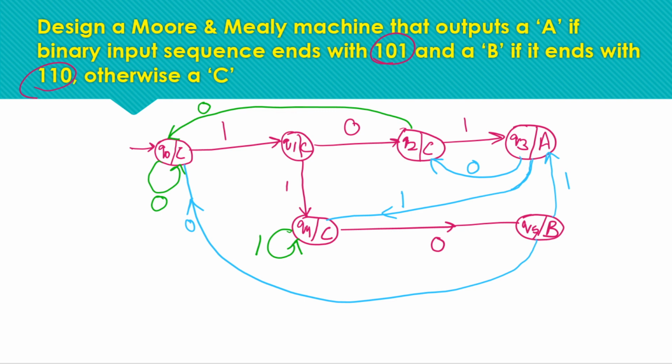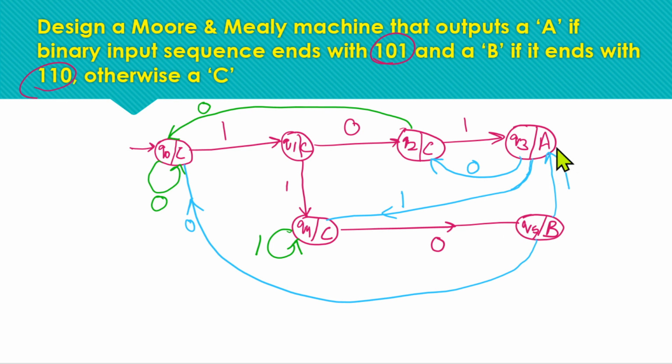And if we have to draw the Mealy machine, we can easily convert it. I think Mealy machine conversion is not a big deal now. For the Mealy machine we just need to mark the outputs of these states over the transitions.